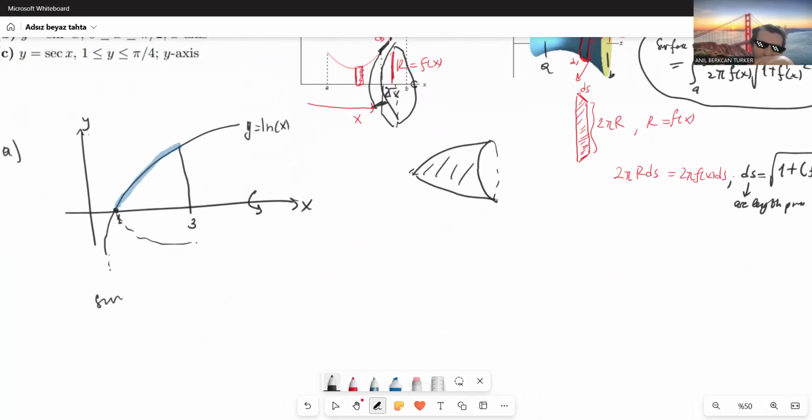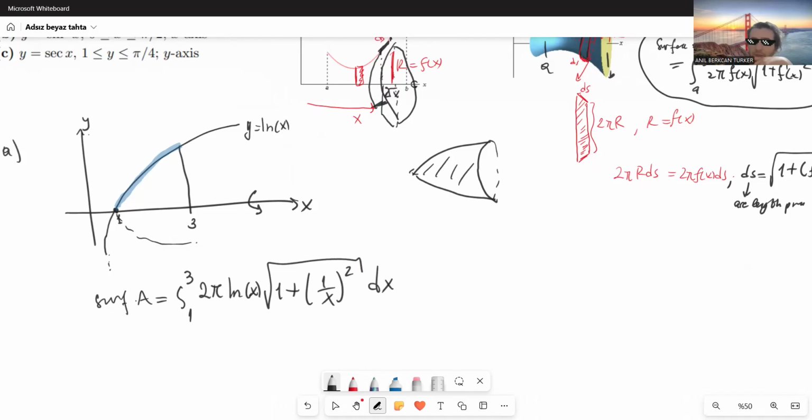So the surface area is from 1 to 3, 2 pi f of x, which is ln x, and ds, which is the square root of 1 plus, what is the derivative of ln x? 1 over x, squared, dx. Okay. This is the surface area formula for this ln.